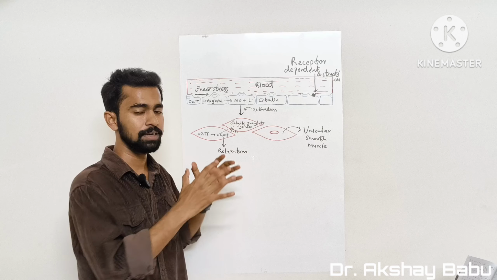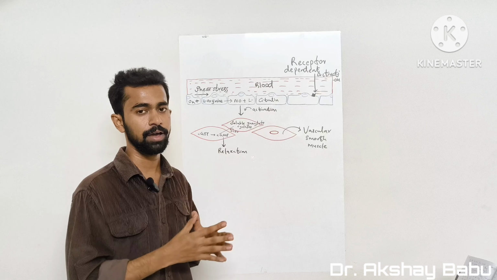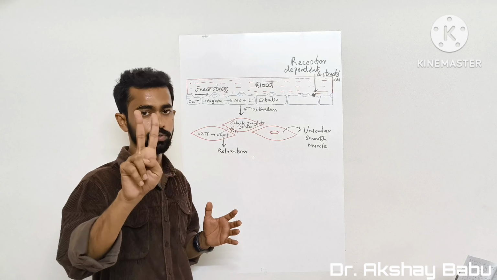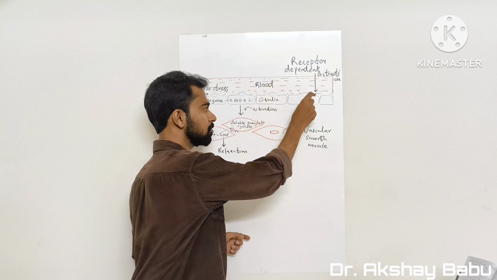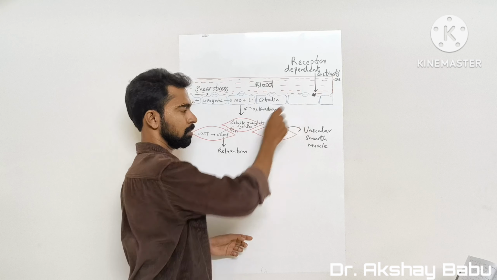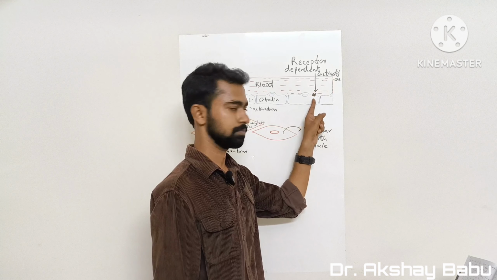Nitric oxide synthesis and release are also stimulated by some vasoconstrictor agents such as angiotensin 2. This angiotensin 2 will bind to specific receptors which are present over the endothelial cell. You can see in this figure, this is a receptor.